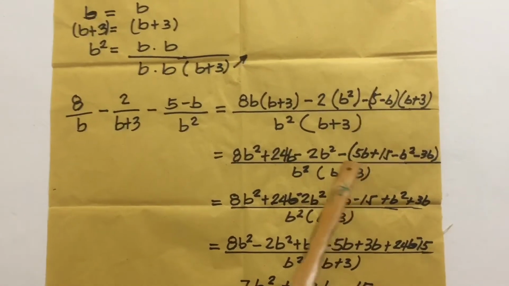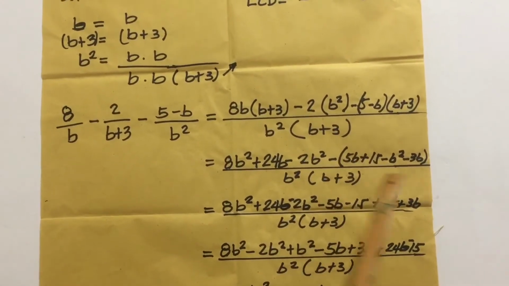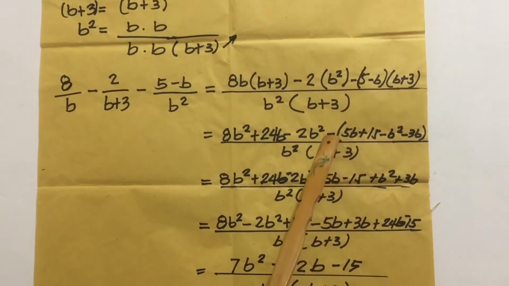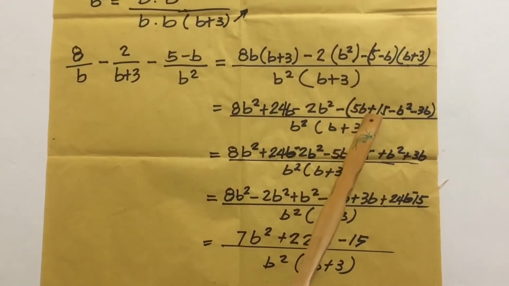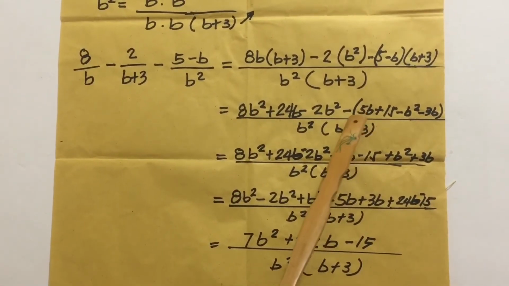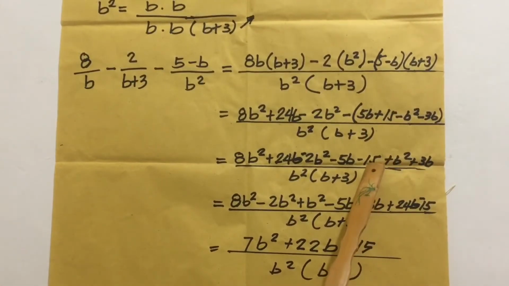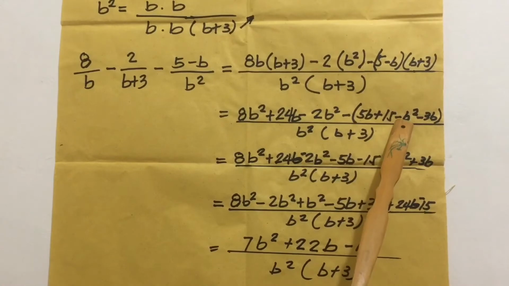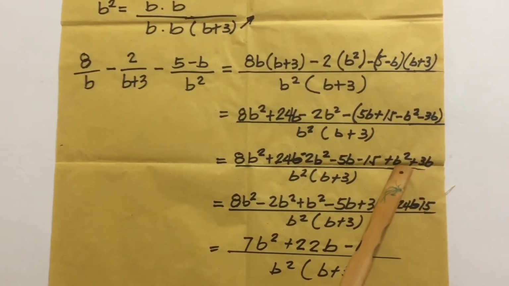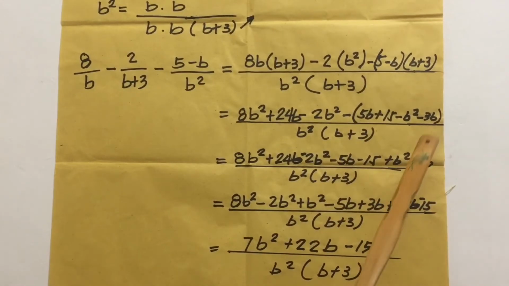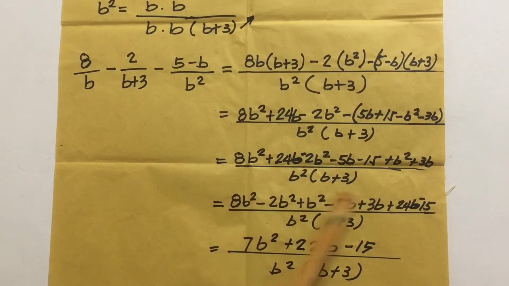We're going to remove the parentheses by multiplying negative times positive 5b equals negative 5b, then negative times positive 15, we have negative 15, negative times negative b squared, we have positive b squared, and negative times negative 3b, we have positive 3b. And after multiplication, we're going to combine like terms.